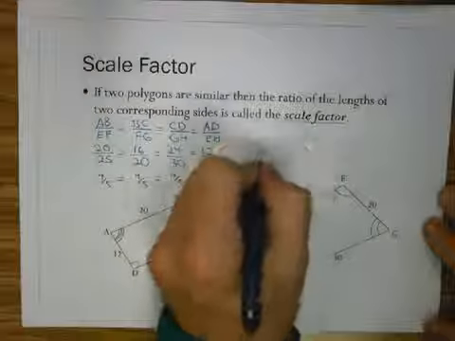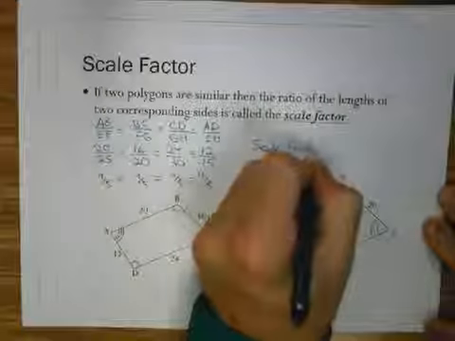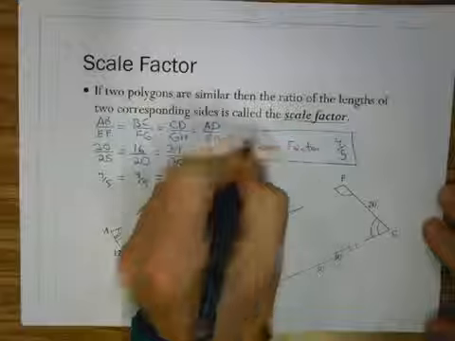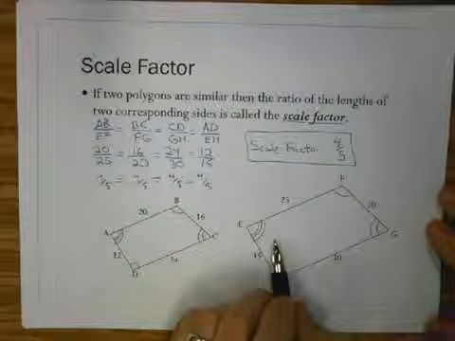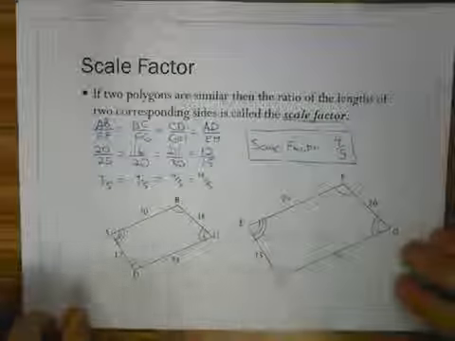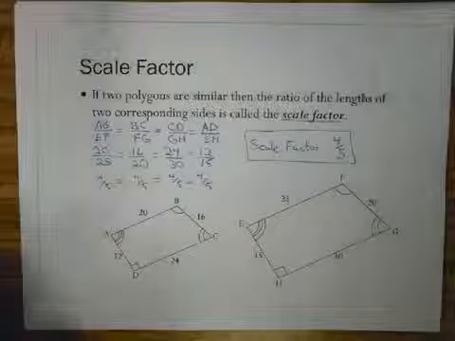Now, we said earlier the ratio of the lengths of the two corresponding sides. Each of those sides has a ratio of 4/5. So that means our scale factor is 4/5 in this case, it describes the ratio between the sides. 4 units in this polygon will be 5 units in this one.